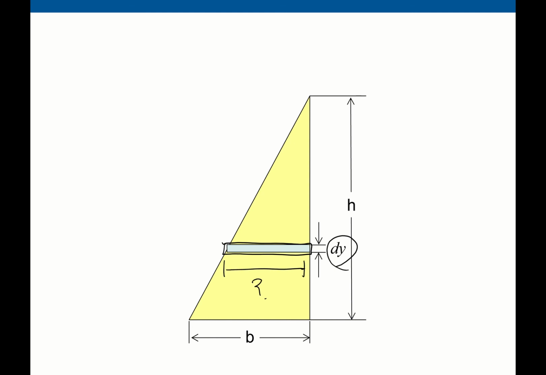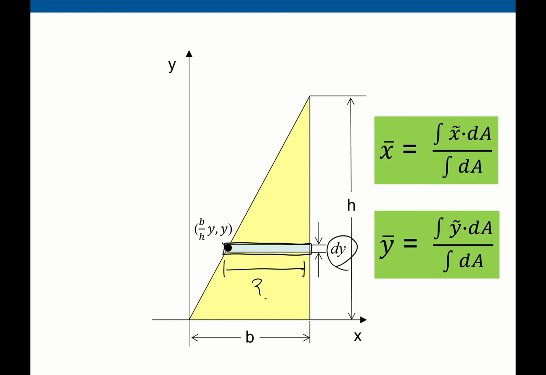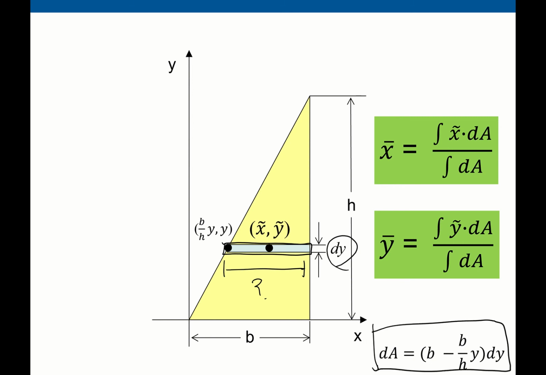Again, the differential area of this small particle is dy times b minus b over h y. This is the width of this differential area. You can check my equations here.